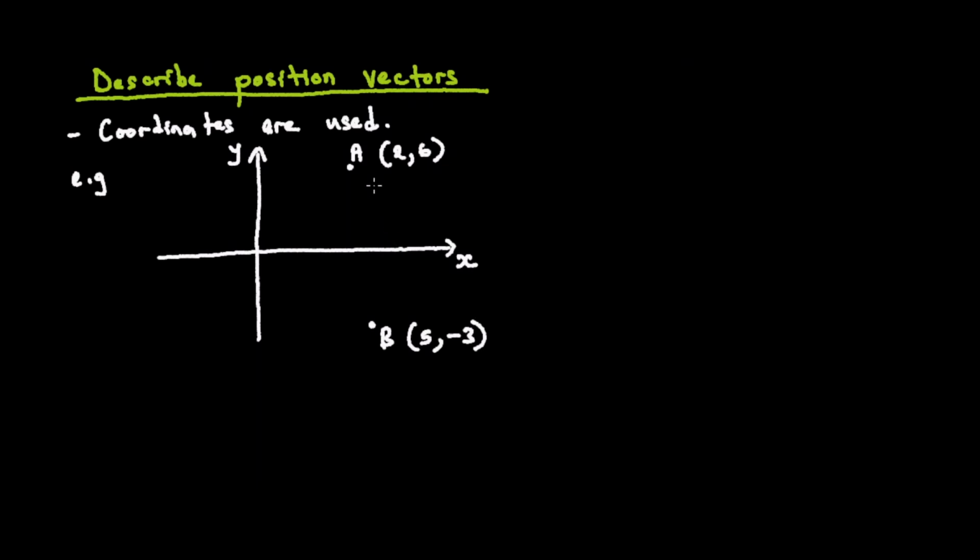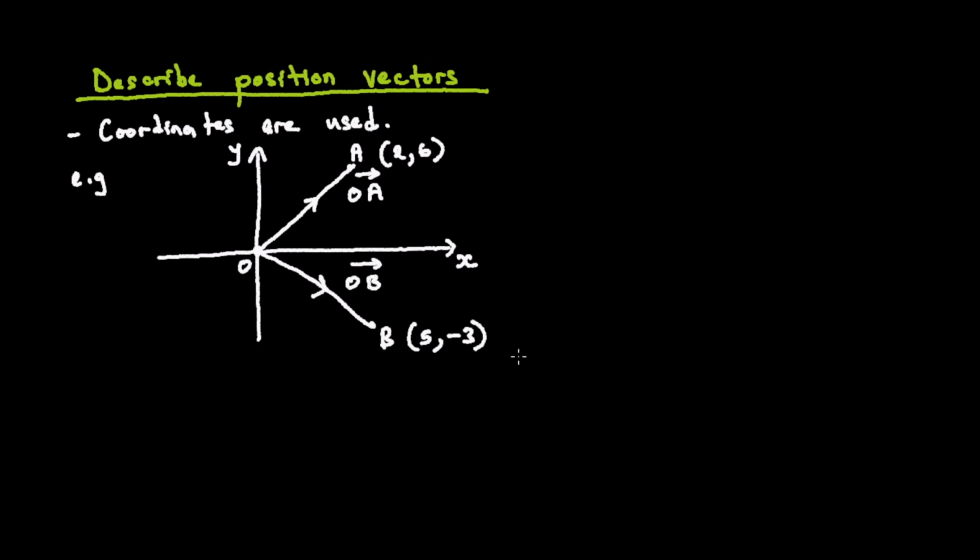If we want the position vector of A, we start from the origin O to connect the origin and A, and this is called OA, like that. If we want OB, we connect O to B with a straight line, of course, and this is OB.